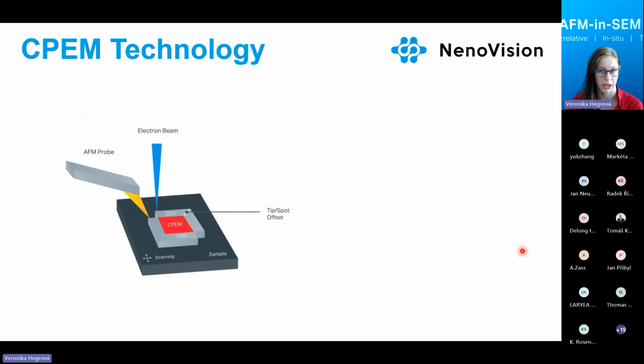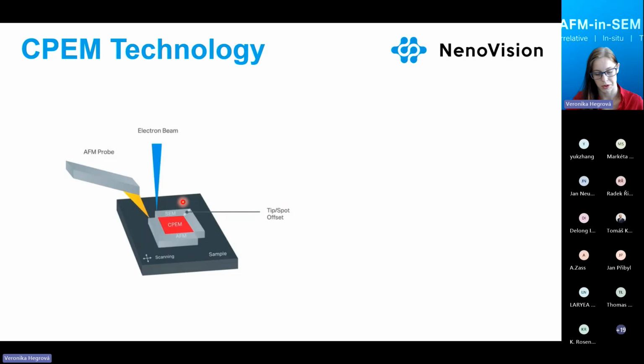And as I was talking about the CPEM technology, here is how simultaneous acquisition actually works. We have the AFM probe approach the sample, and once we are in location we switch the E-beam from scanning to spot mode.